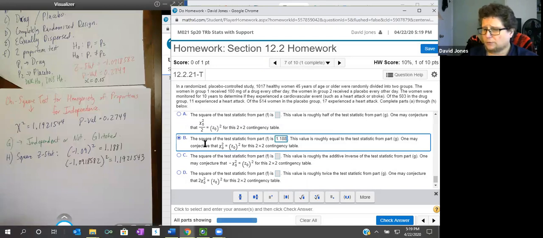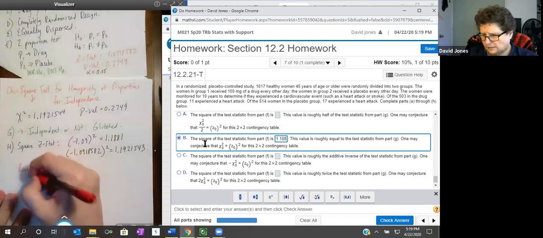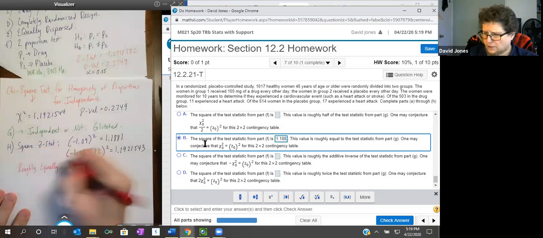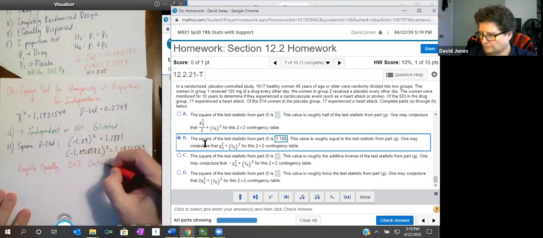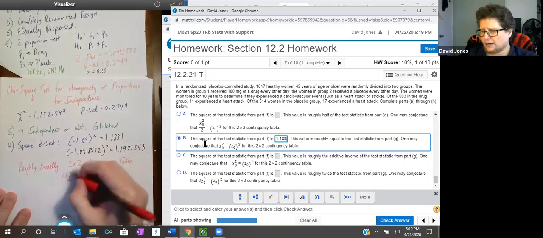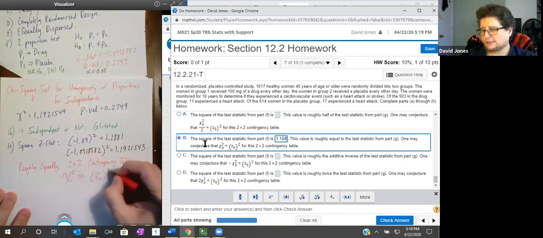So they're roughly equal. So on a 2x2 contingency table, chi-squared is approximately Z0 squared.